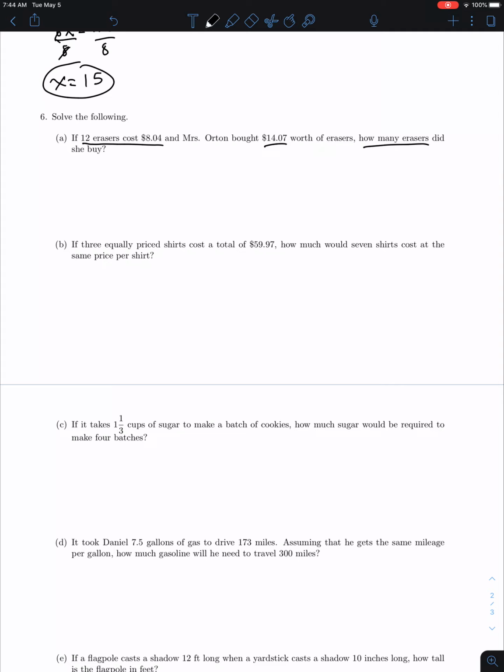I'm going to take the first part and write it as a fraction, with erasers on top and money on the bottom. So for my next fraction, I have to have erasers on top and money on the bottom. I know the money, so I can put it on the bottom, but what I don't know is the actual number of erasers.